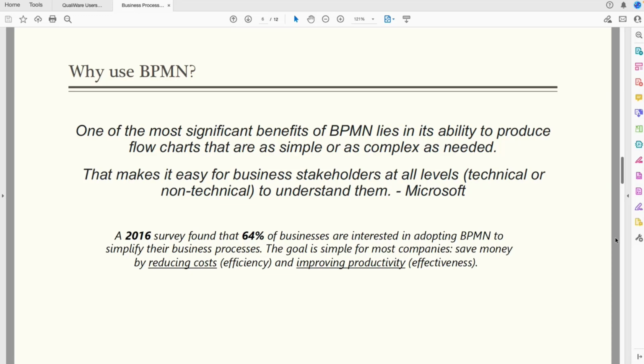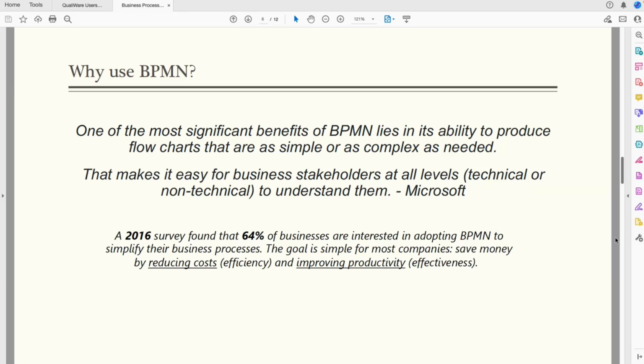In a 2016 survey, 64% of businesses were interested in adopting BPMN to simplify their business processes. Think about that, 64%, on a notation that was only released into the public domain in 2005. So this is an amazing uptake in businesses being interested in adopting a standard notation across the board.